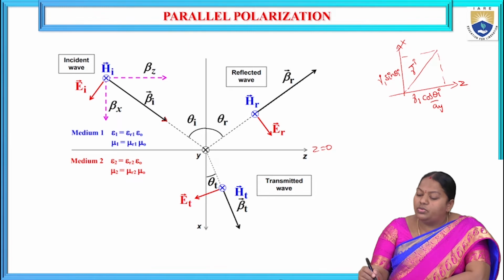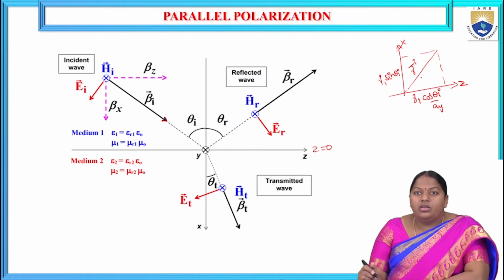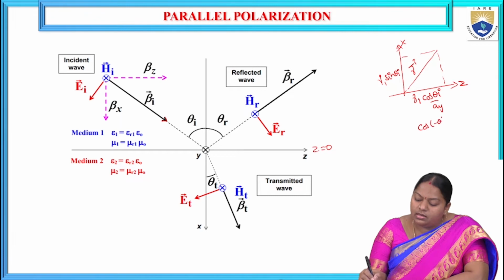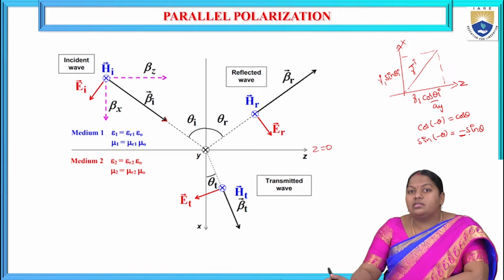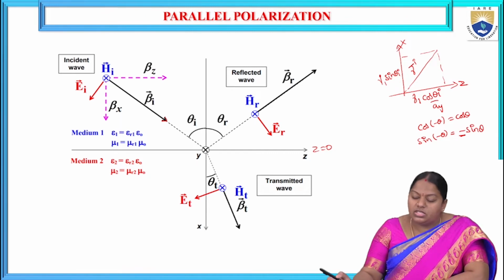Why? Because it depends upon the even and odd functions. As we know, cos of minus theta gives us cos theta only, whereas sine of minus theta gives us minus sine theta, where this negative sign resembles the direction being opposite to the other one. Right? The propagation direction is opposite to the previous one, which resembles the negative sign.